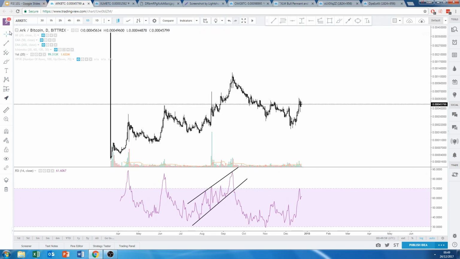And if we pay closer attention, test of support, bounce, test of support, bounce, test of support, bounce, doesn't test resistance, test of support, bounce, and then we have another test of support, which we've tested 3 or 4 times and has been active since quite the early days of the coin, and it falls through.